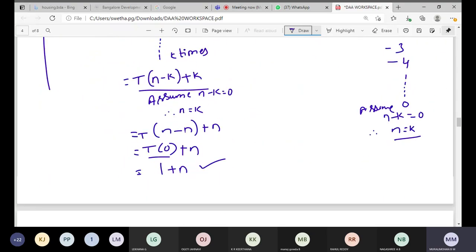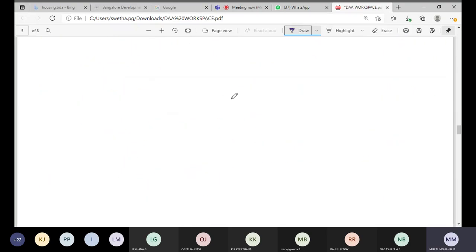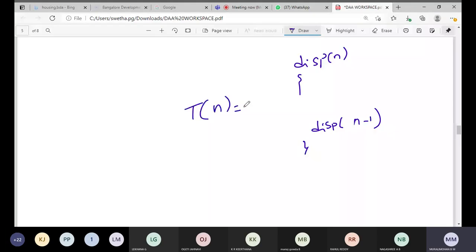How to build the recurrence relation? It is very simple. So here we are having one display function of n. Inside that we are calling again display function of n minus 1. So the total amount of time is equal to, it is taking 1 time and it is taking n minus 1 times.